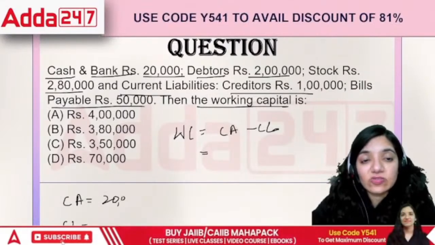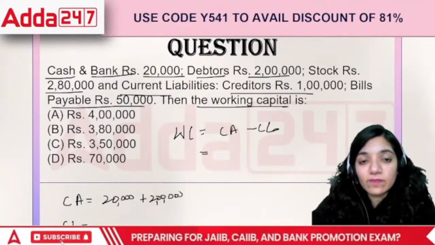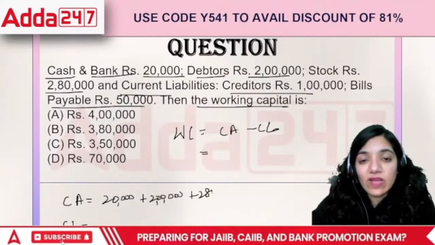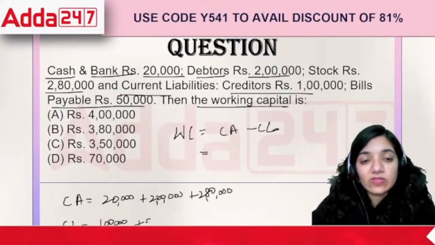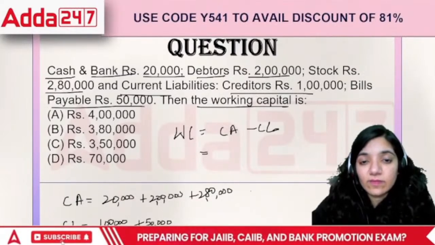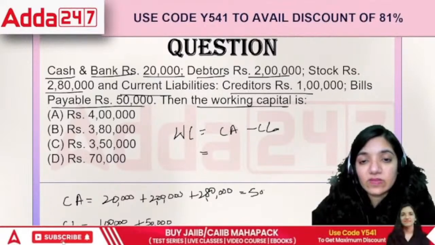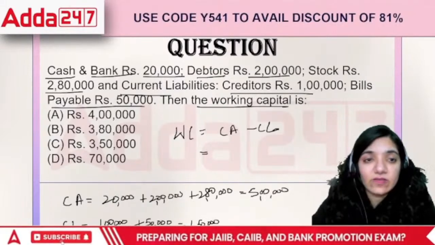The current assets include 20,000 plus 2 lakh plus 2,80,000. In terms of liabilities, add up 1 lakh plus 50,000. So the current assets are a total of 5 lakh, while the current liabilities are a total of 1,50,000.